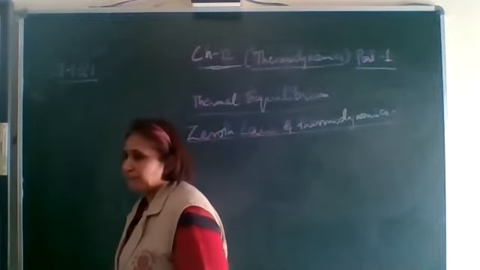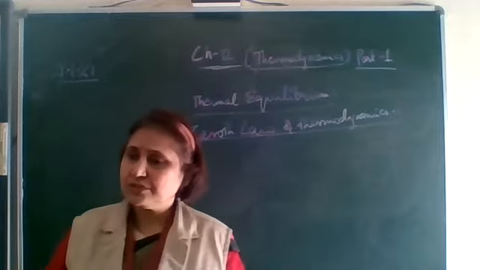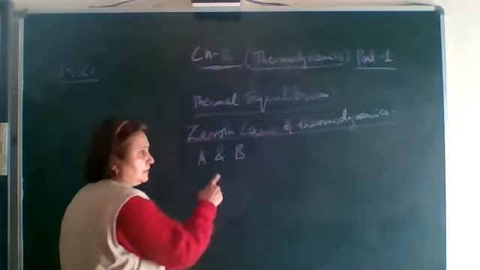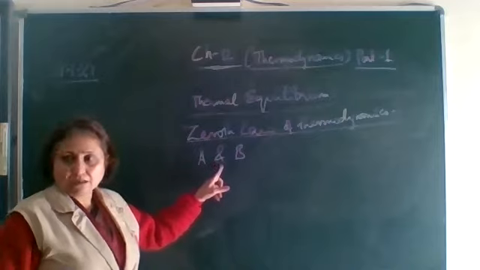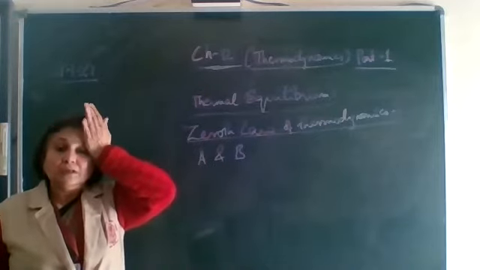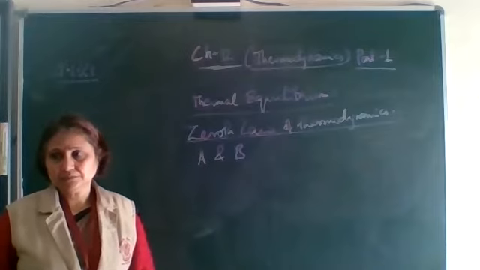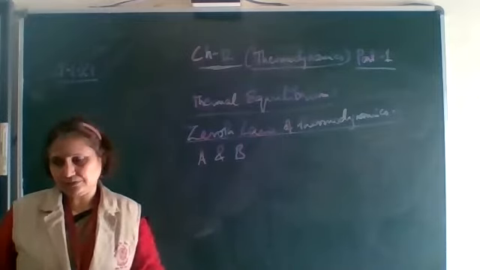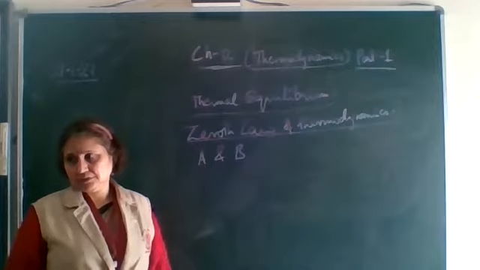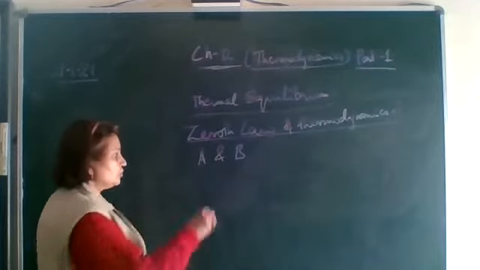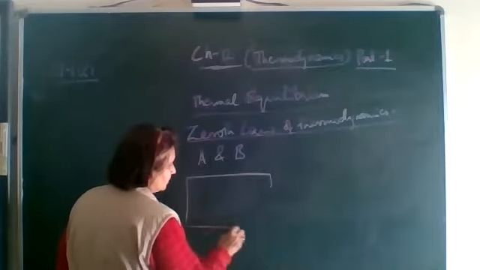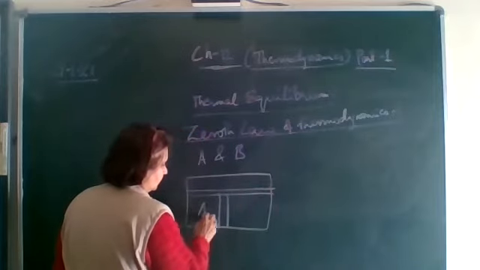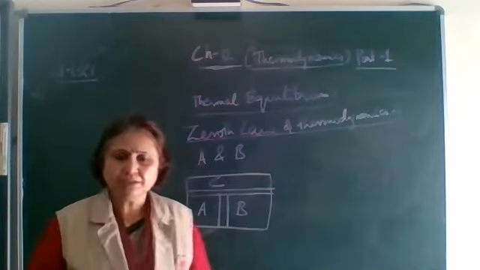Just write down: two systems A and B, let us name them A and B, are separately in thermal equilibrium with a third system C. Then these two systems are in thermal equilibrium with each other.